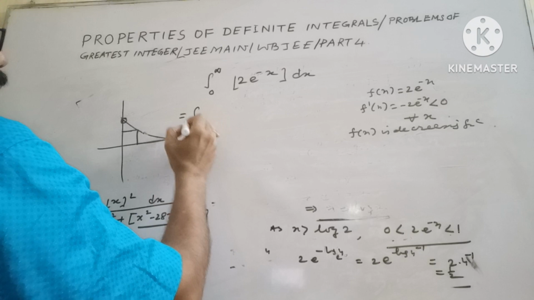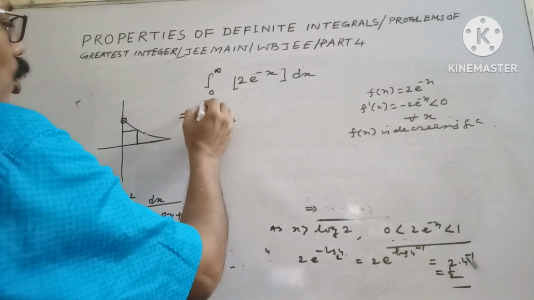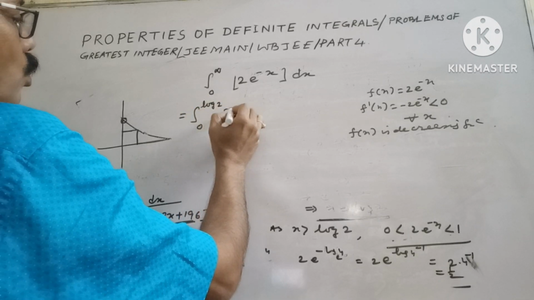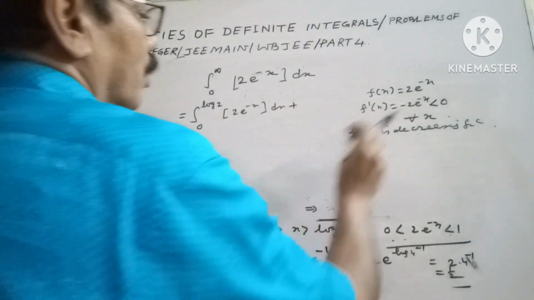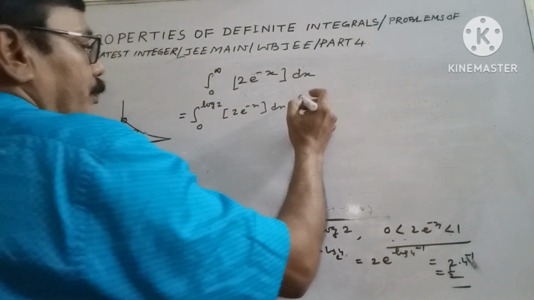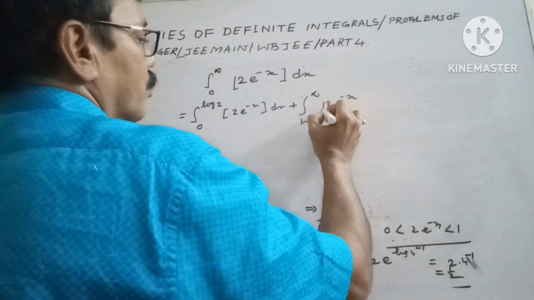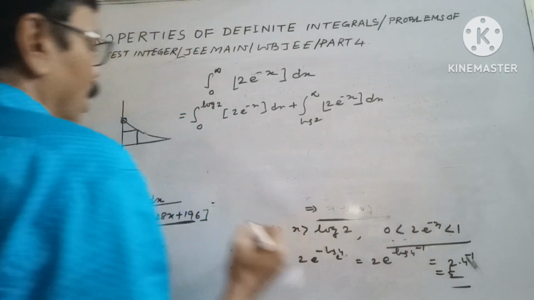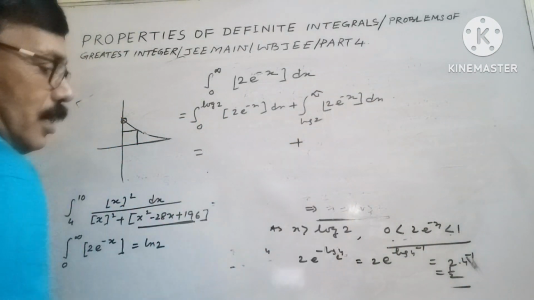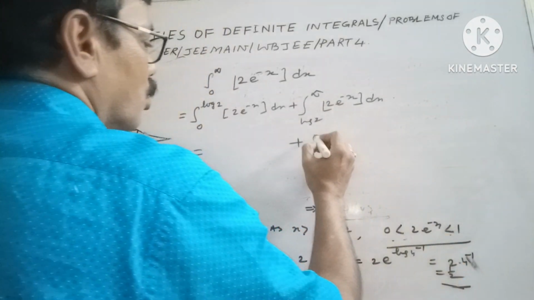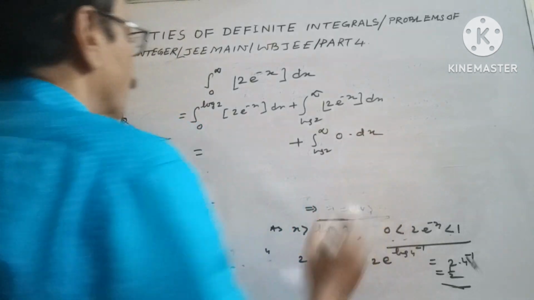So the expansion will be integral from 0 to log 2 of the greatest integer of 2e to the power minus x dx plus integral from log 2 to infinity of the greatest integer of 2e to the power minus x dx. Since between log 2 and infinity the value is less than 1, the greatest integer function there is 0.